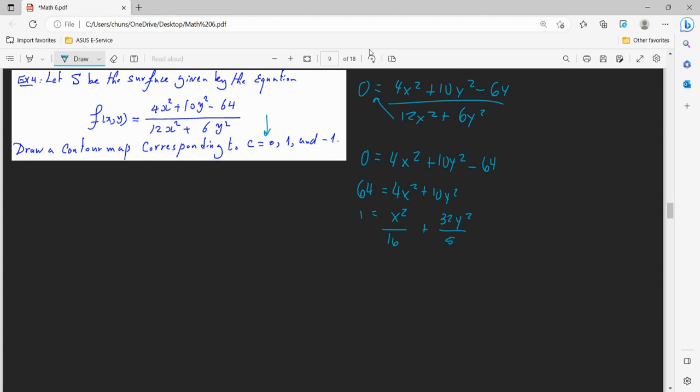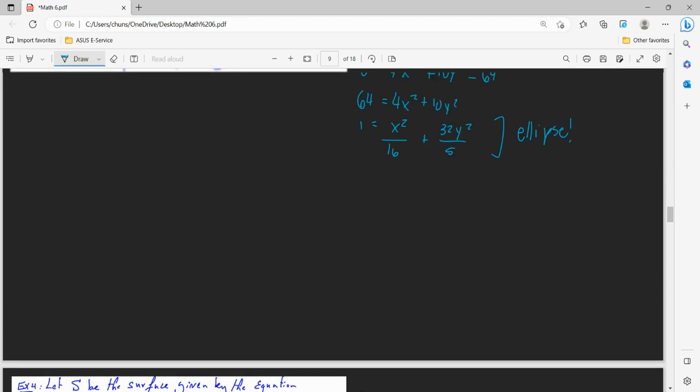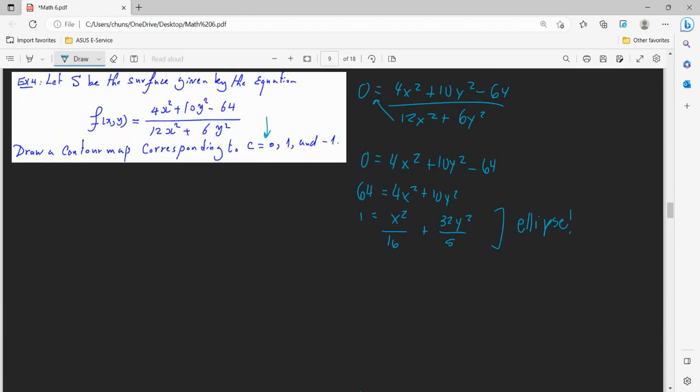All right, and we want to find what this looks like. So we already know that with two different radii and positive x squared and y squared values, this is an ellipse, right? So we're going to do a little bit of math to find where our intercepts are. So let's find our x-intercept.